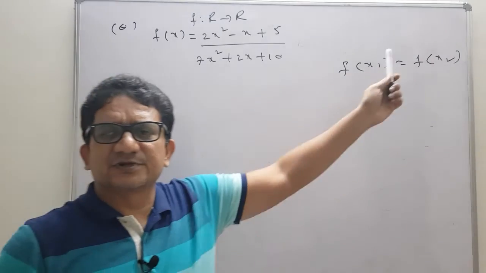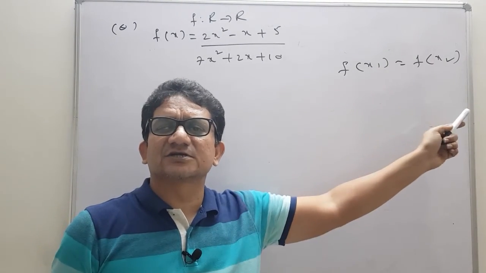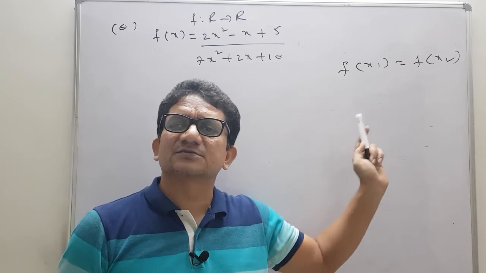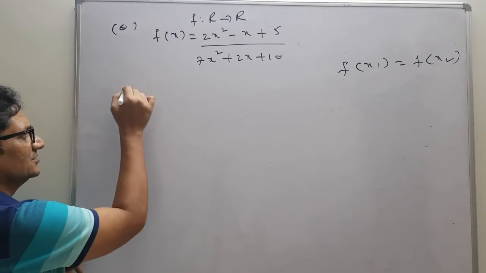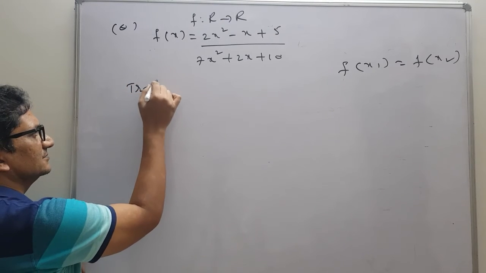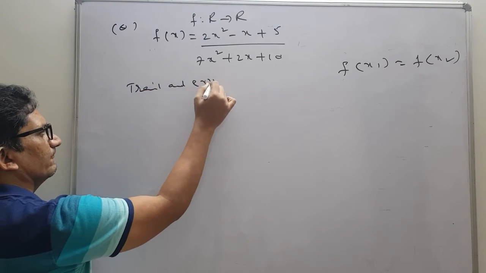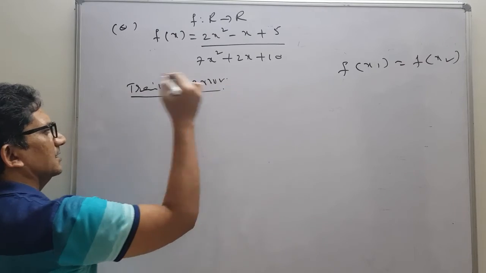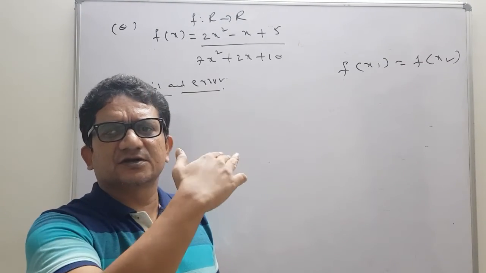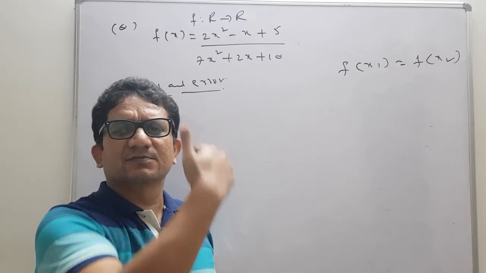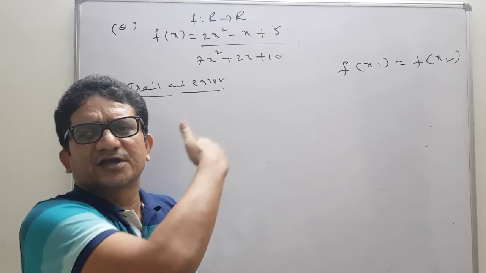By doing this method, if we are not getting x1 equals to x2, then we will conclude that it is a many to 1 function. Now I want to give a method which is called the trial and error method. In this method, to decide the function, especially these quadratic by quadratic, or quadratic by linear, linear by quadratic, we can apply this method.